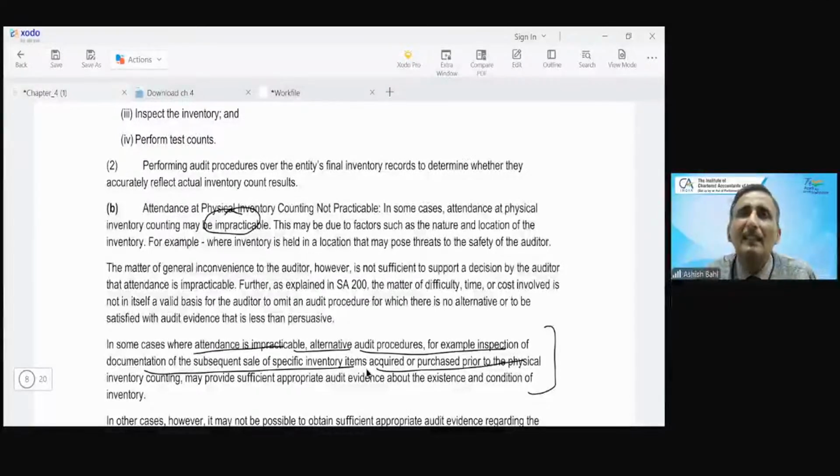So he can't say that it is too far off, I can't go there, so it is impracticable. No, it is not impracticable. So the matter of general inconvenience to the auditor is not sufficient to support a decision by the auditor that attendance is impracticable. Clear? Is this point clear, students? This is an important point.